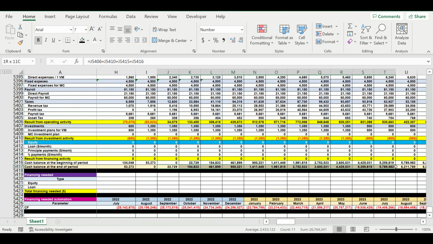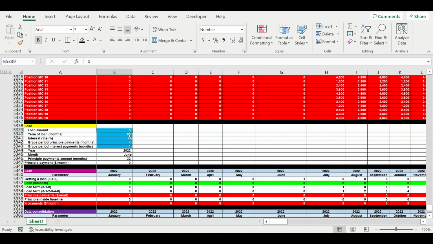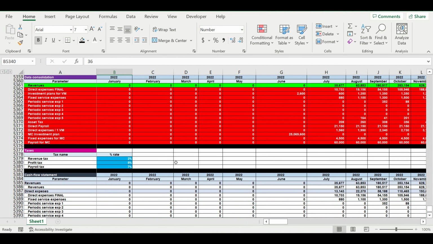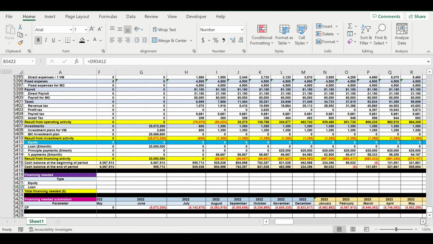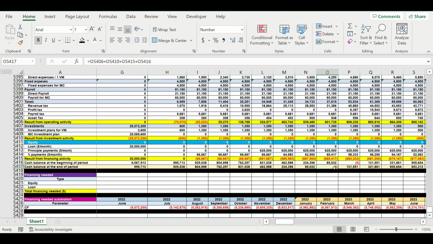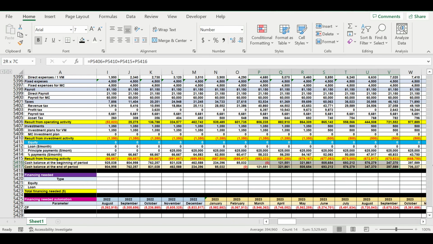For example, if I take a 20 million loan, then I will need this amount of money from myself, and this will be the loan. So I'm traveling to the right. Here is the mathematical 0. Then the project starts generating cash itself, and we don't have cash gaps.